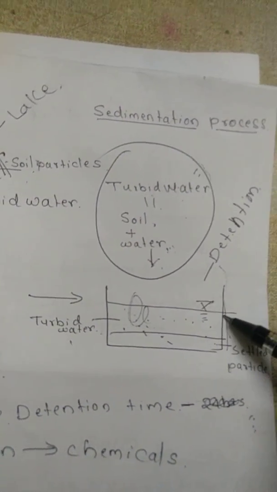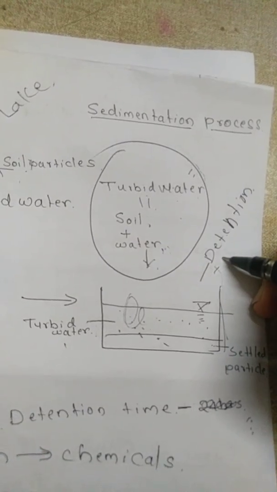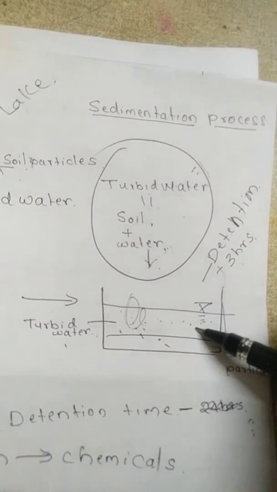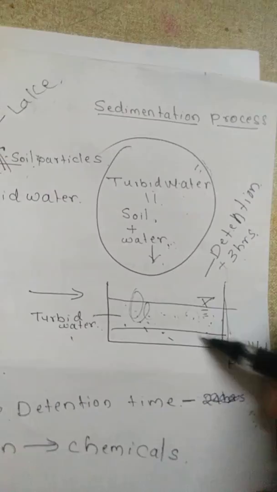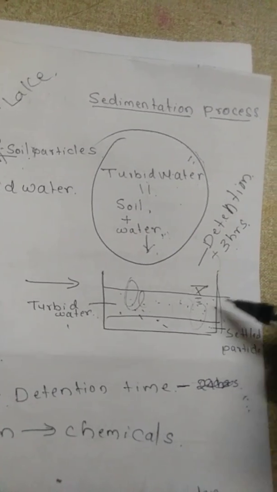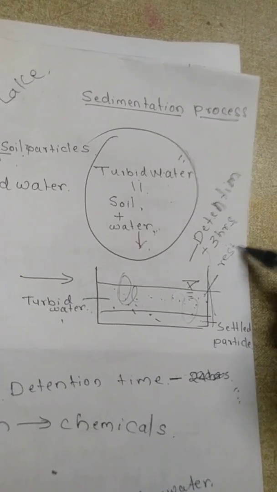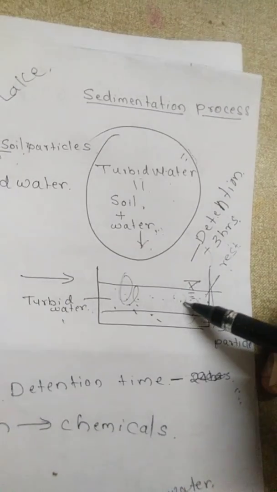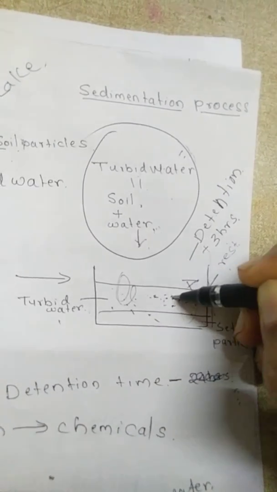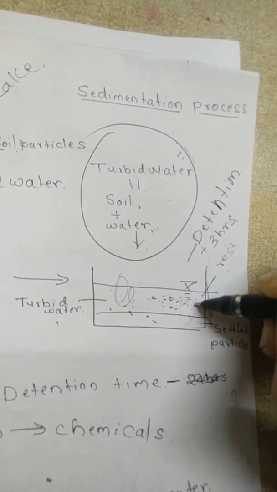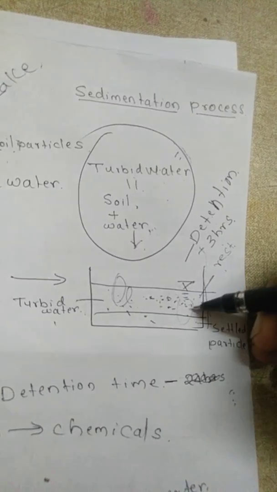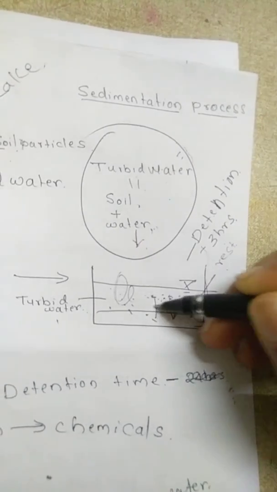After storing it for a certain amount of time, say for example 3 hours, the water, which was turbid before the detention time, will be completely at rest, in a stationary condition. Then the soil particles, which have some specific gravity, settle down by their own weight.